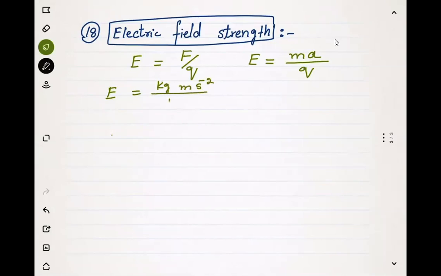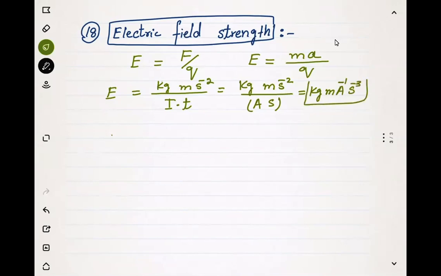For charge I will write current into time. And finally it would become kilogram meter second minus 2 divided by ampere second. So the final form of base units will become kilogram meter ampere minus 1 and second minus 3. So these are the base units of electric field strength.